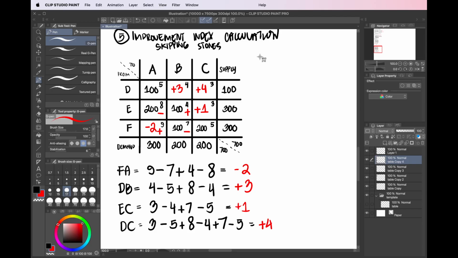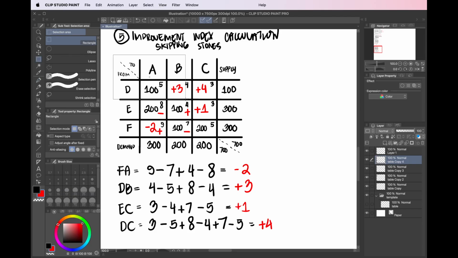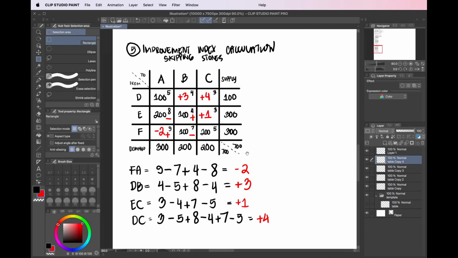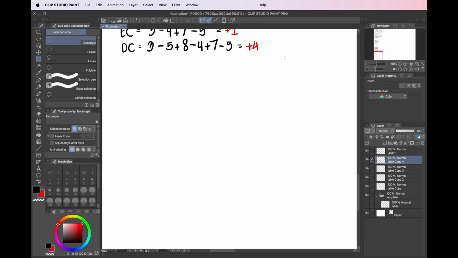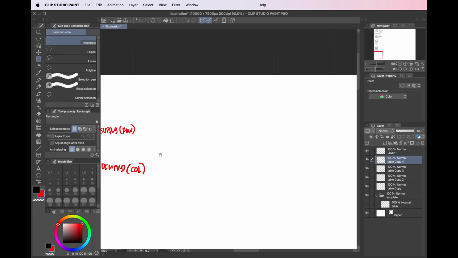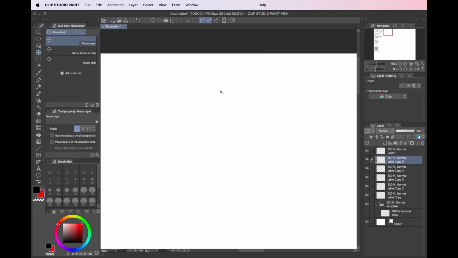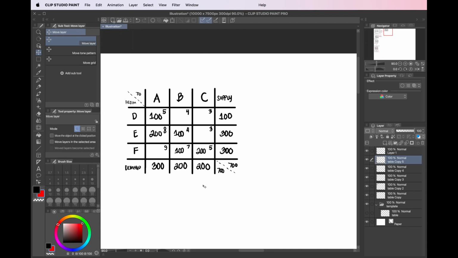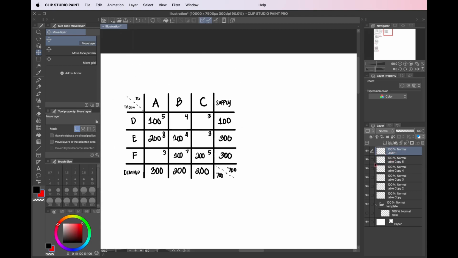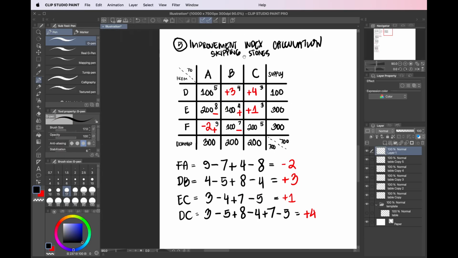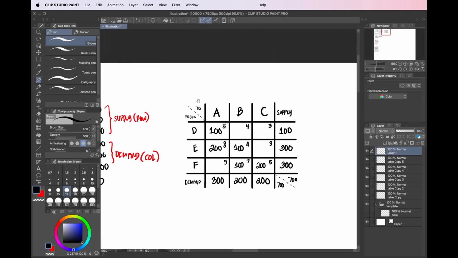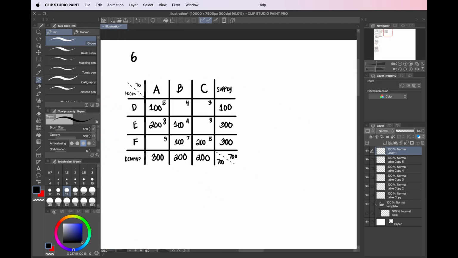So let me just copy the table again. Actually, I think we should just go up so that we have more space. Alright. What number are we? So 6. So now at this part, we would just really continue.